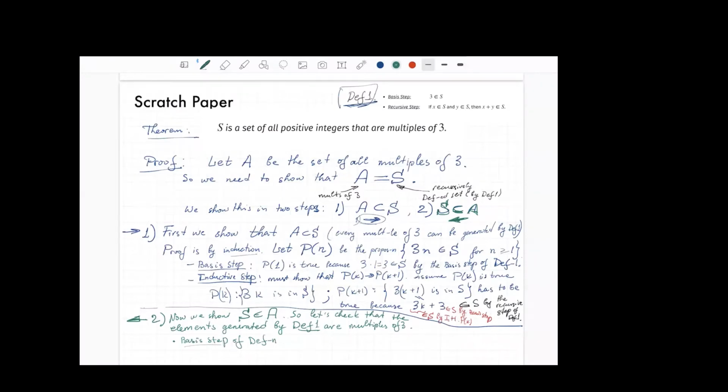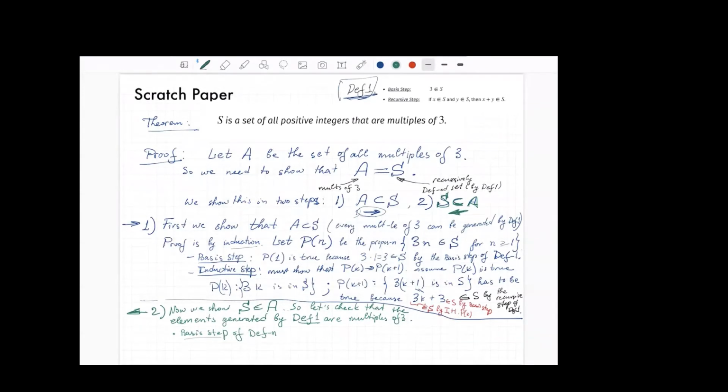The basis step of the recursive definition tells me, okay, what? That 3 belongs to S. But 3 is good because 3 is a multiple of 3.